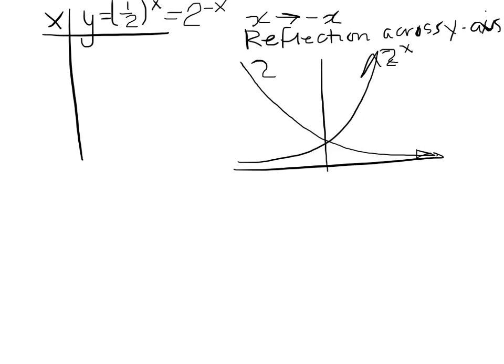So this would be 2 to the minus x. Just a reflection. Look, it still has this point right here, 0, 1 as a y-intercept. And look, it still has y equals 0 for that horizontal asymptote. Pretty cool. And I'll leave it to you to fill in the chart of values.